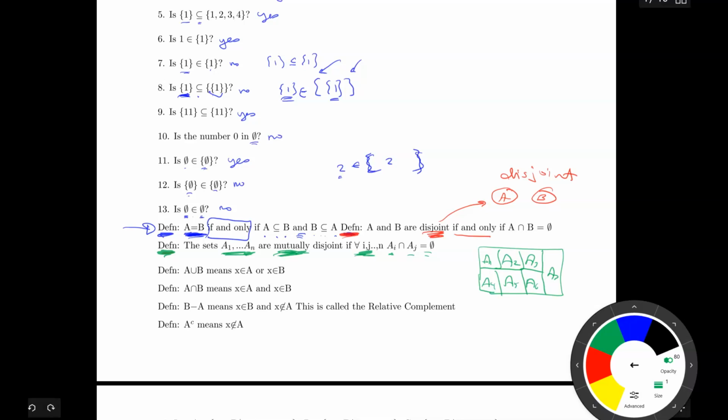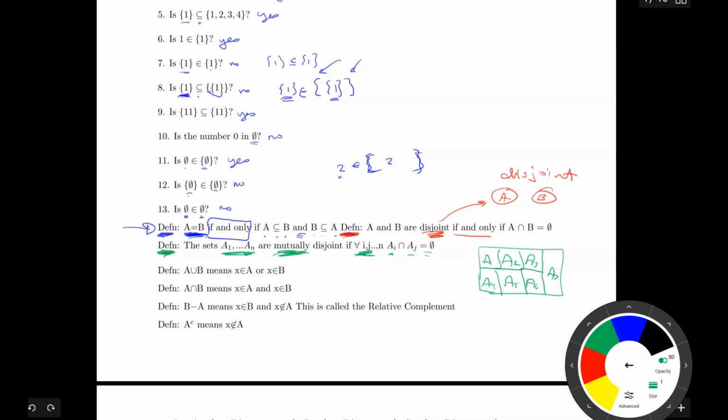They're called mutually disjoint. All right, so A union B means that x is in A or x is in B, right? It could be in either one of them, A or B. A intersect B means that x is in A and x is in B. What's in common between the two?